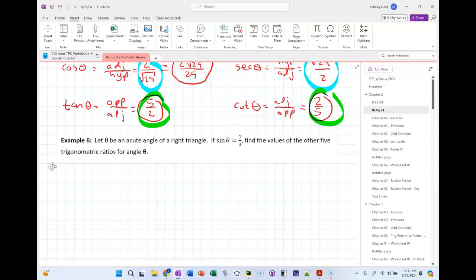If sine theta equals 1/3, find the values of the other 5 trigonometric ratios for angle theta. So you read this, and this sounds like a different problem than the first one. The wording's very different. What it's giving you is different.